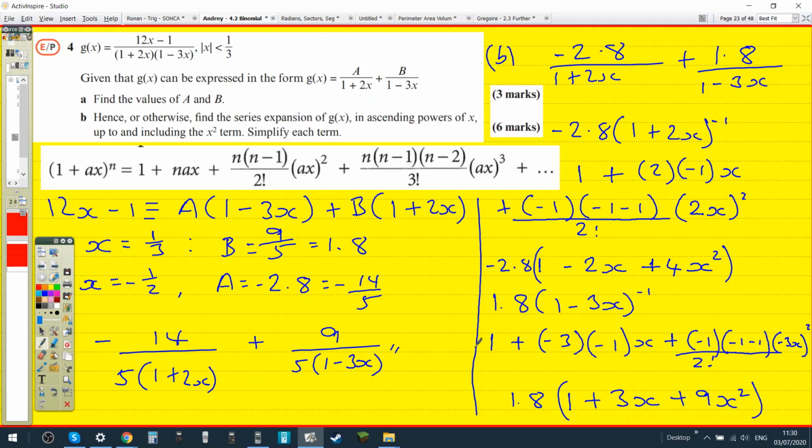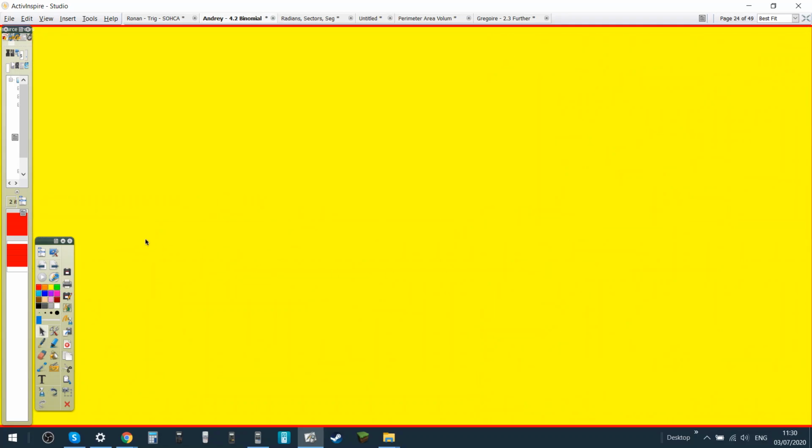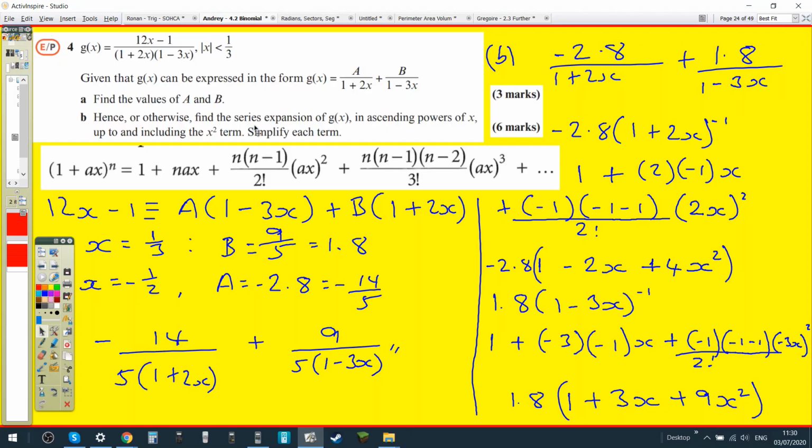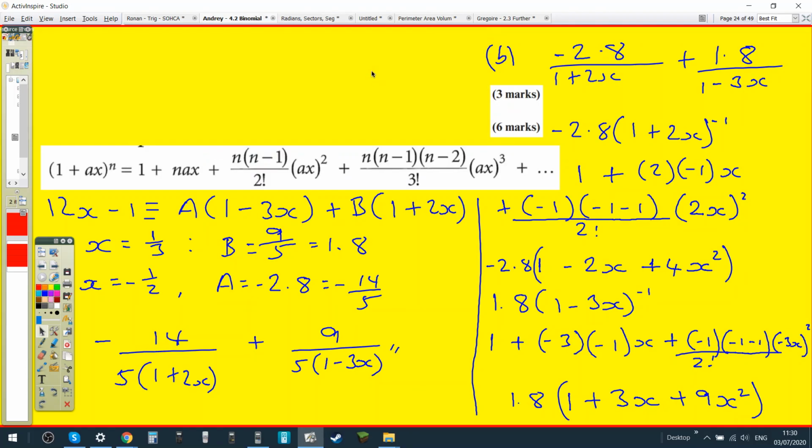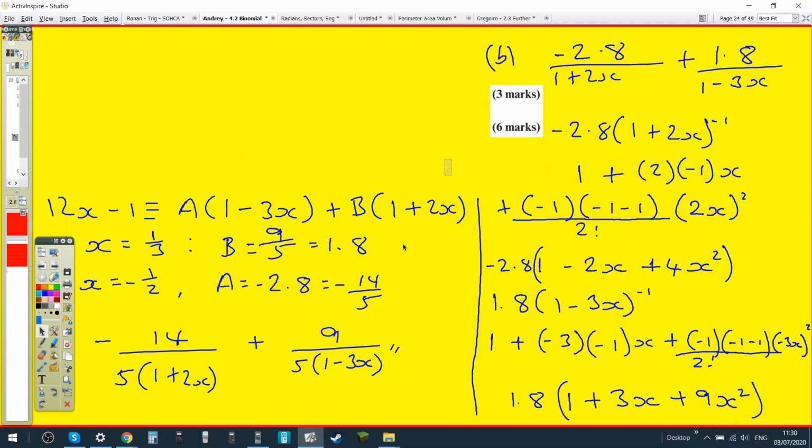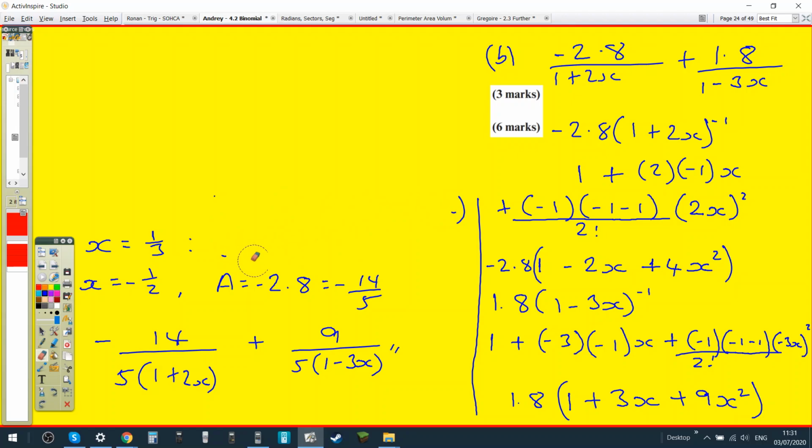And now do I need to expand the brackets and then add them together? Yep. So that'll be minus 2.8 times 28 over 5. Just trying to make more room for myself. Go on, you keep going.